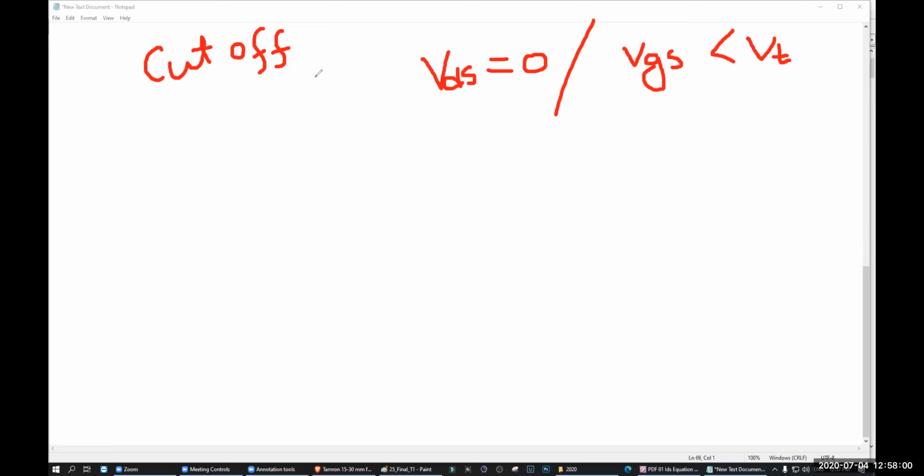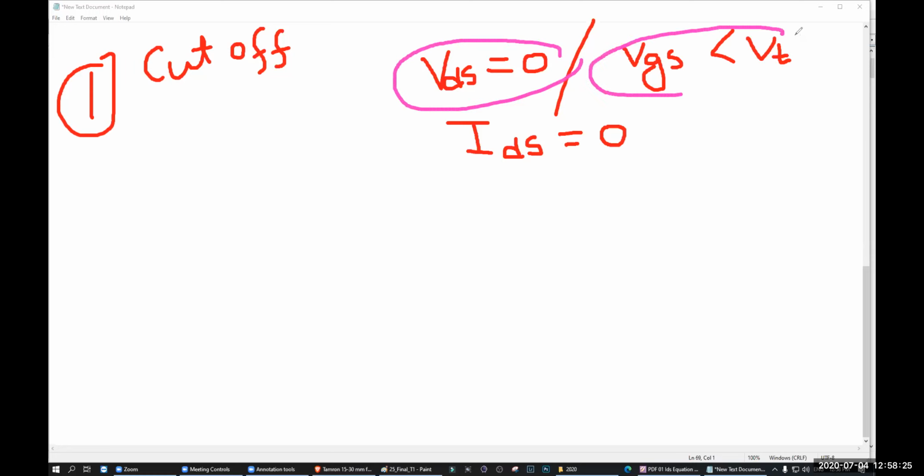That time you will have a cutoff and your current will be what? 0. Your current will be 0 straight away. This is formula number 1. So your cutoff will be when your VDS is 0 or VGS is less than VT. If either of these occurs, or both, you directly write your IDS is equal to 0, right?